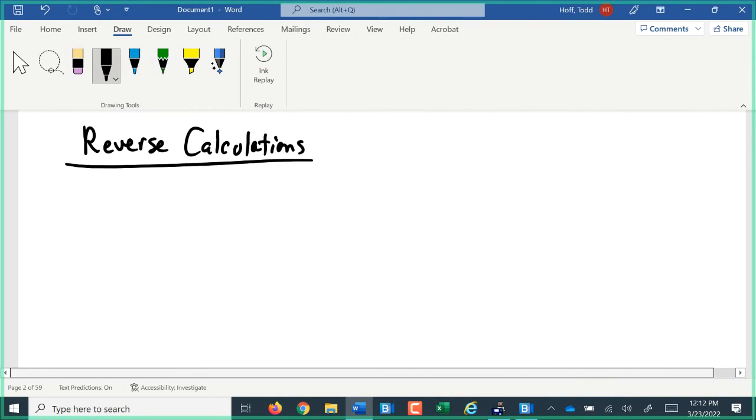So our next step, final step for today, is to look at reverse calculations. As we are working with IVs, sometimes we can look at the machine and see what somebody has set the infuser at, but there's other information that might either not have gotten recorded on the chart or that we need to know that we have to figure out.